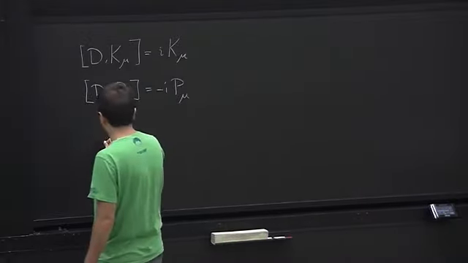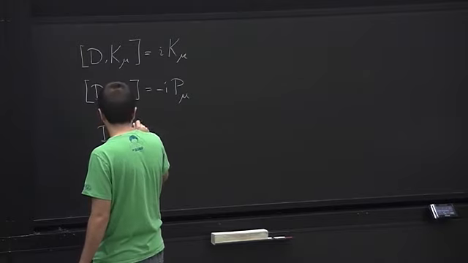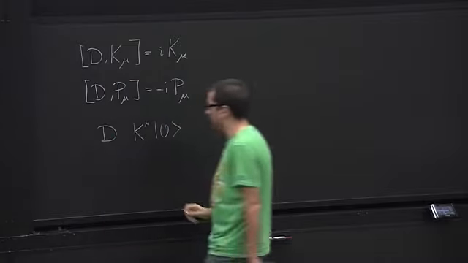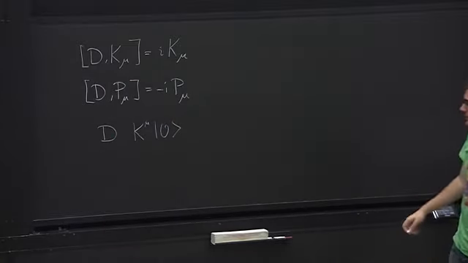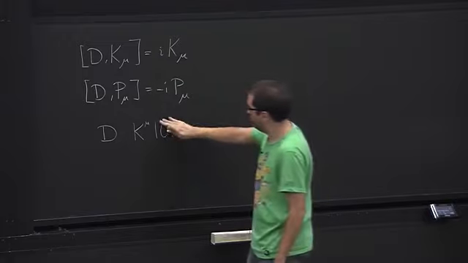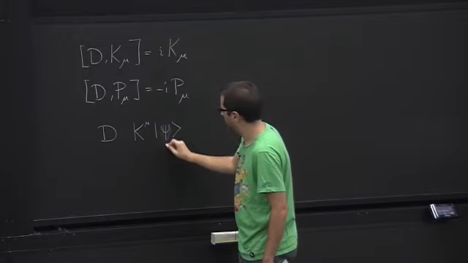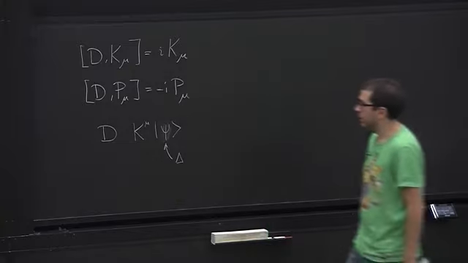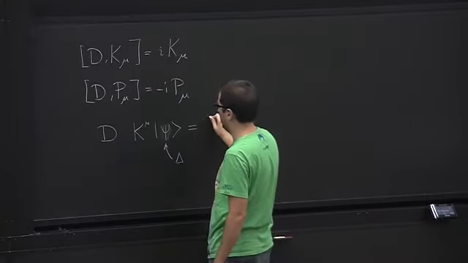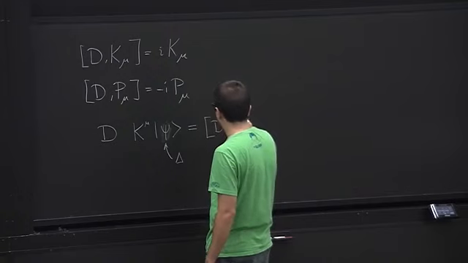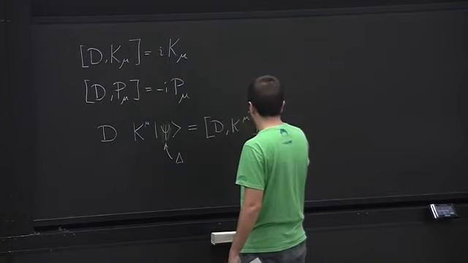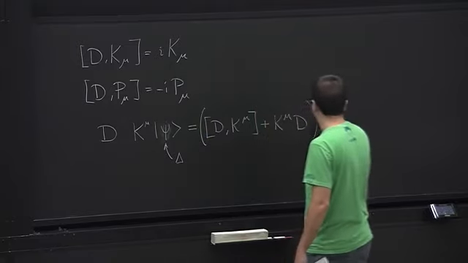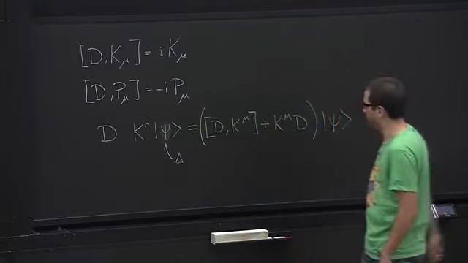So then let's compute what's the dimension of a state K mu acting on any state psi. This psi has some dimension delta. Well, this I can write, it is just the commutator of D with K mu plus K mu D acting on psi. I did nothing.